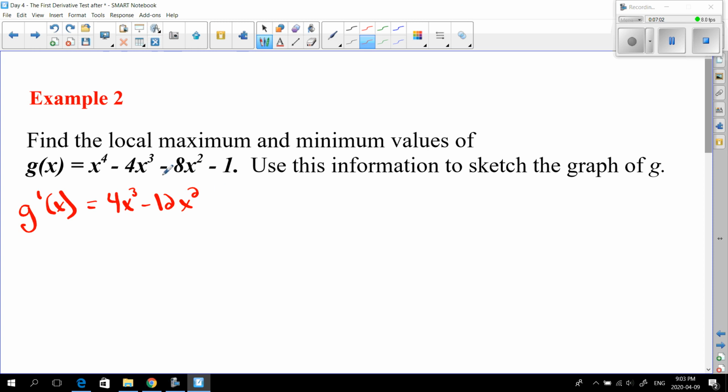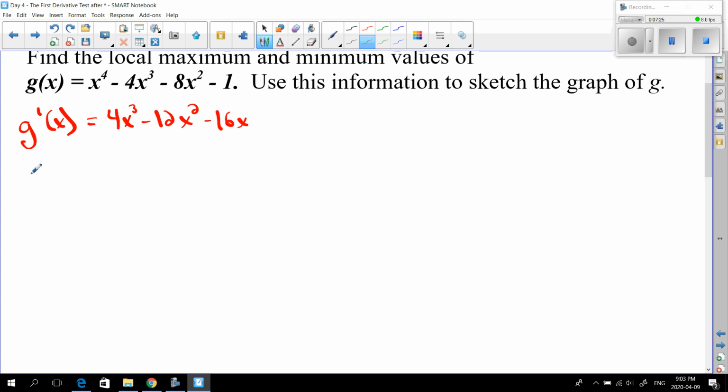The derivative of negative 8x squared would be negative 16x. Keep in mind, we're bringing the exponent down in front, multiplying it by the coefficient, writing our base x, and then subtracting 1 from the exponent. And don't forget, finally, the derivative of a constant would be 0. There's no need to write minus 0.